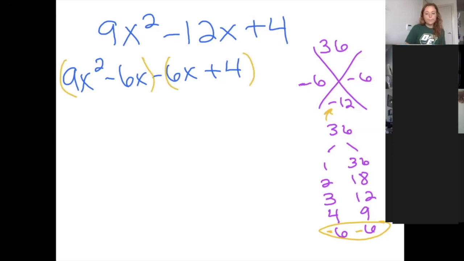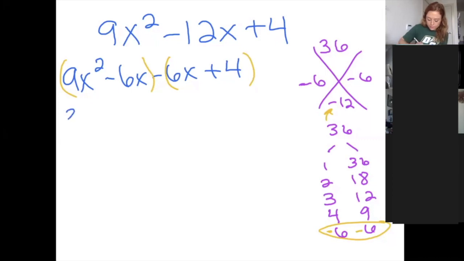Then find what? Well, you don't distribute. Find the greatest common factor, the GCF. So I need to find the GCF of 9 and 6. 3.